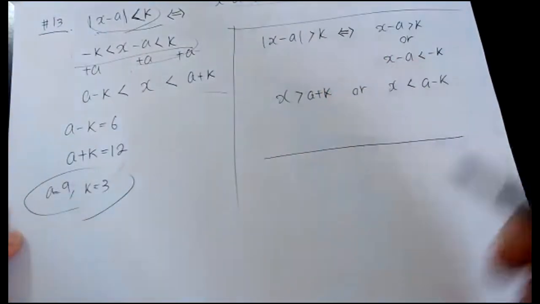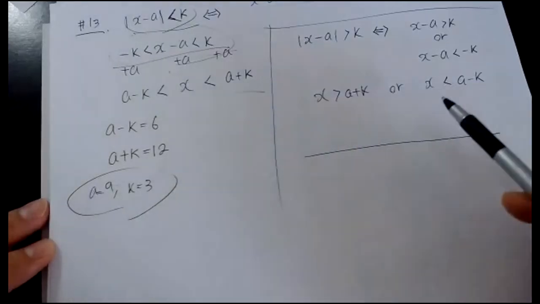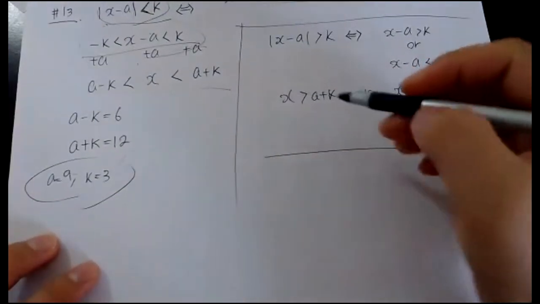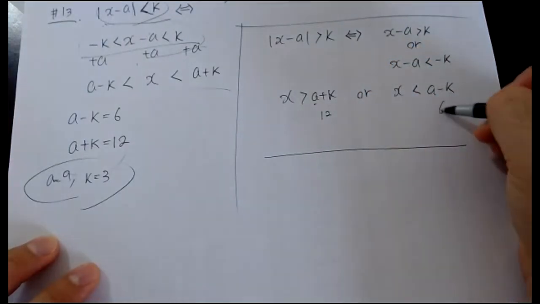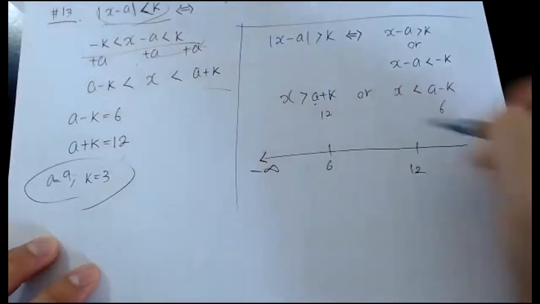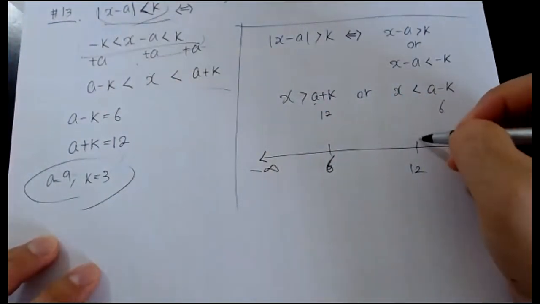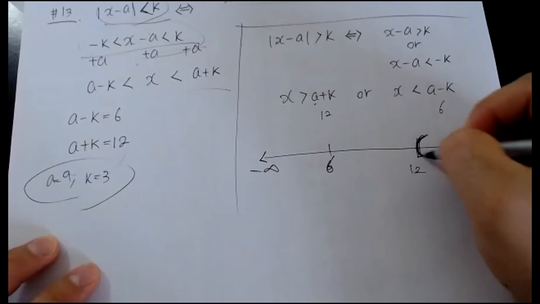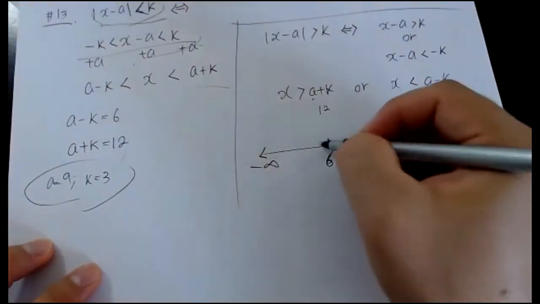From this problem, we figured out that a must be 9 and k must be 3. If we apply the same numbers, a plus k is 12 and a minus k is 6. So here's a 6, here's a 12, on a number line. x greater than 12 goes from here open to infinity, and x less than 6 is open here.